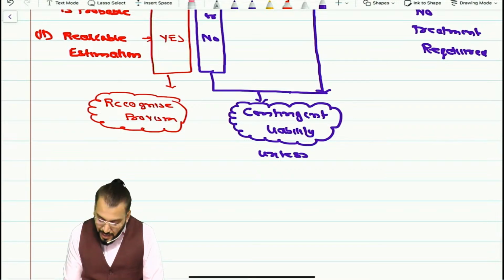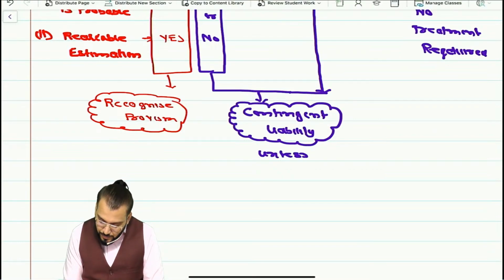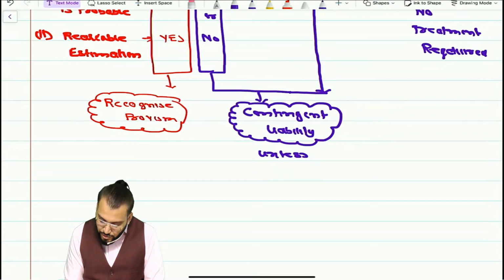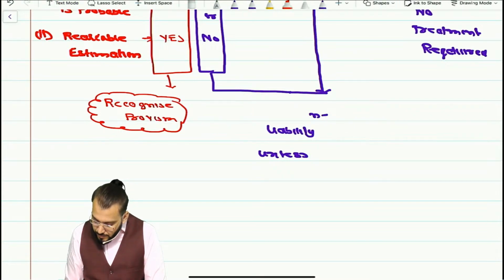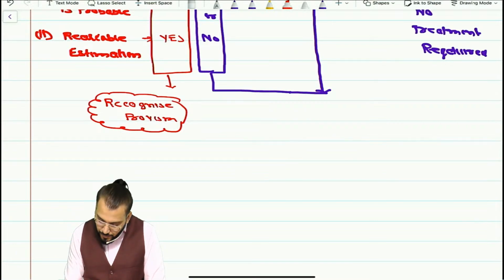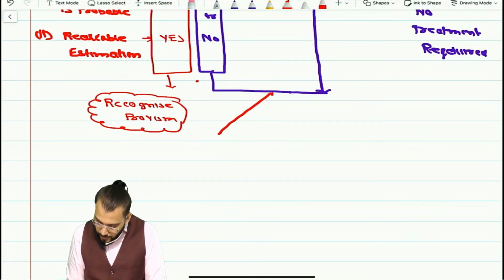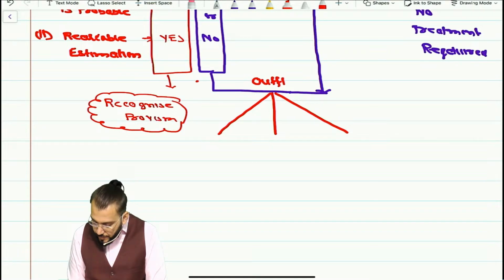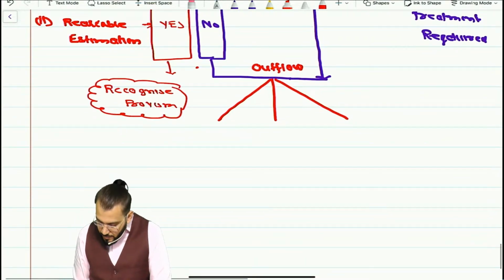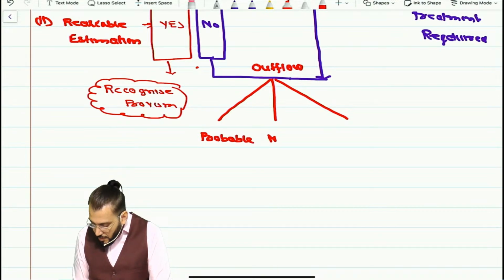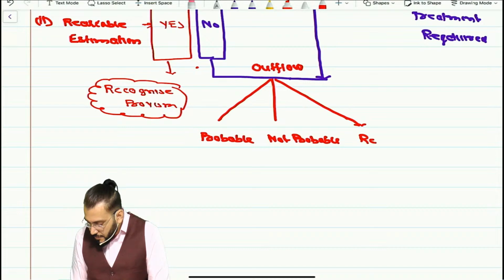Unless, I can say it in this way. Outflow is probable, not probable, and third is remote.